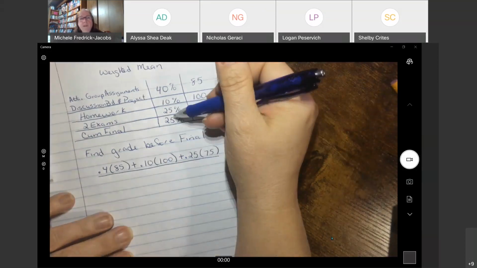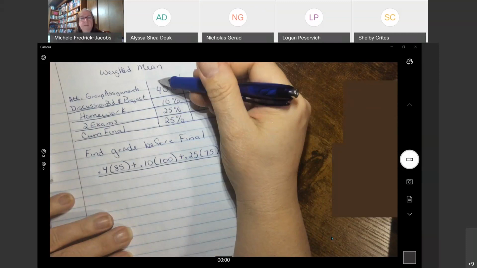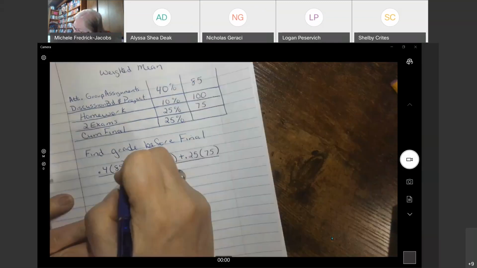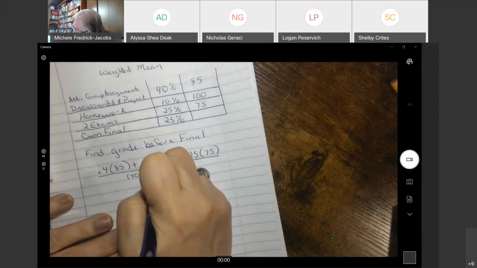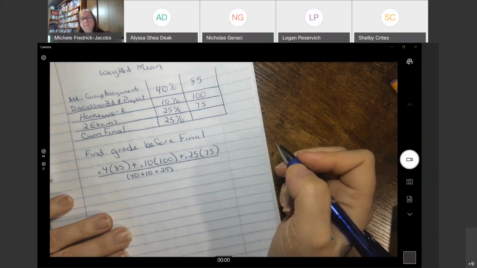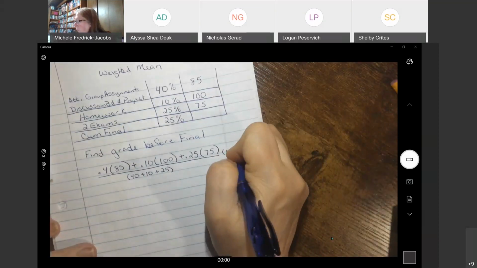Because we're not including the final, the total percent, if we add these up, is 75. 40 plus 10 plus 25. Then we're going to multiply by 100 to make it a percent.